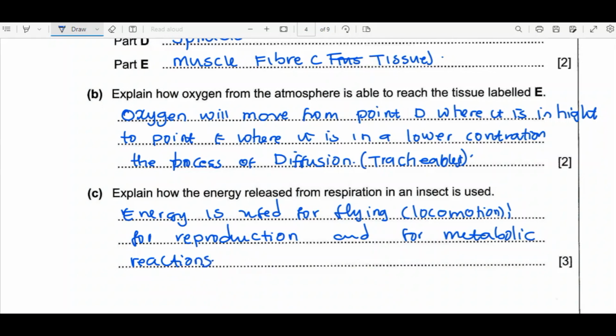The use of energy that we are giving here applies to almost all living organisms. We know that every living organism requires energy to do its work.